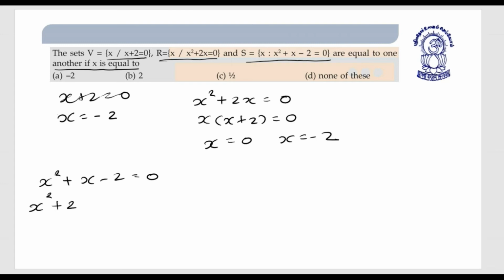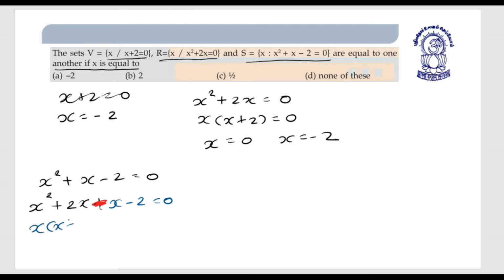x square + x - 2 = 0. You can write x square + 2x - x - 2 = 0.